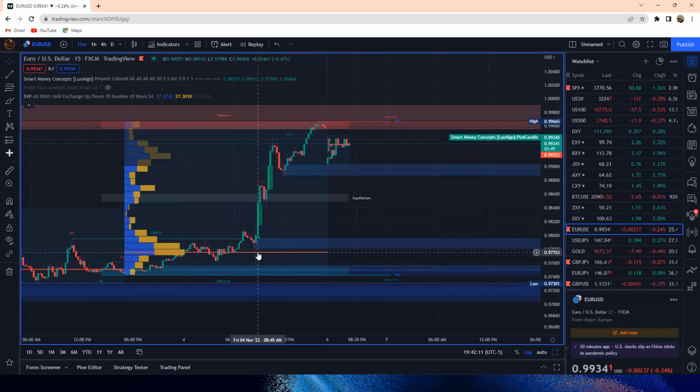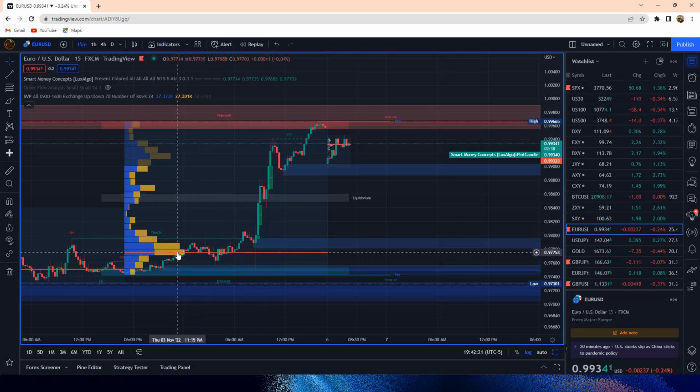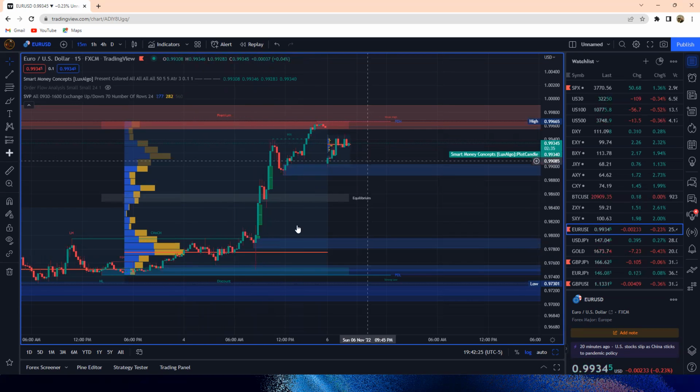The other reason price is going to reject here, which you see you had a big rejection here, is that the market moved in favor of the buyers, and there were only slightly more buy orders than sell orders at this price point.